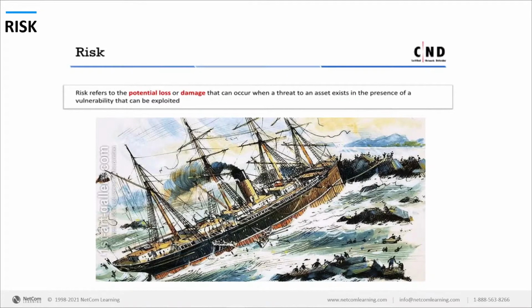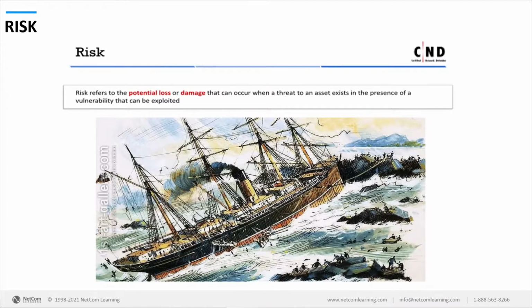Okay, so risk actually comes from a Greek term, the root of which was a sailor who is aware of the rocks below the surface of the water as getting close to the coast. That's why I throw up this picture of a ship.